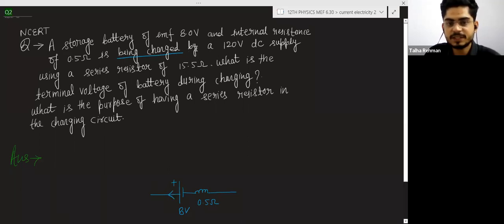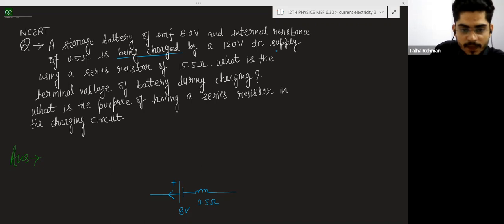And this battery is charged by a 120 volt DC supply. So you have connected this with some other battery.